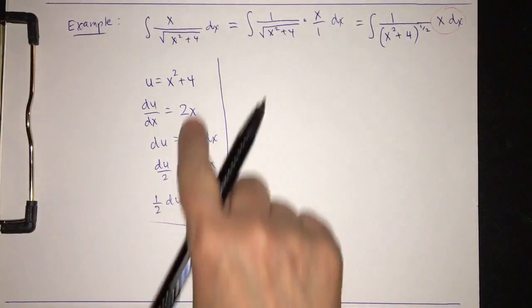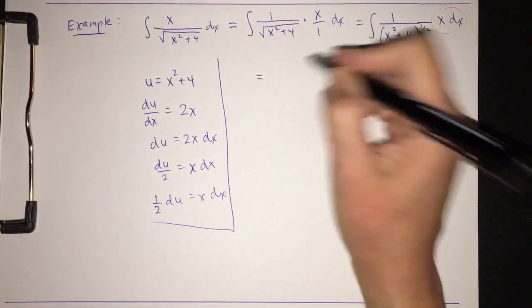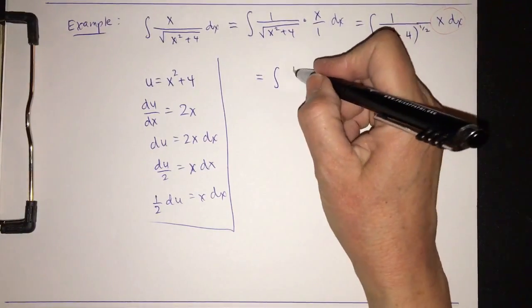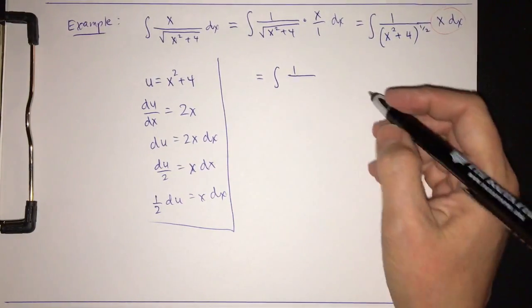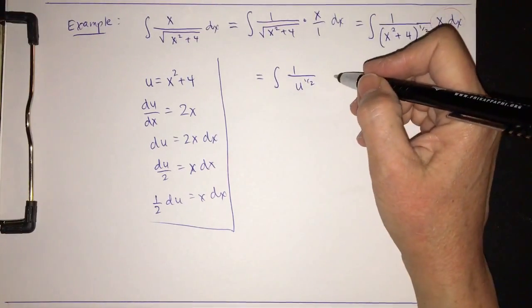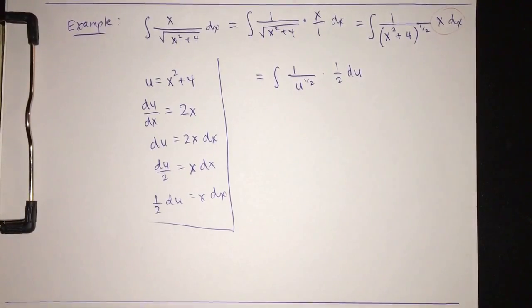All right, I'm going to separate this thinking part from this working the problem out. The integral of 1 over u to the 1/2, and then x dx is 1/2 du.